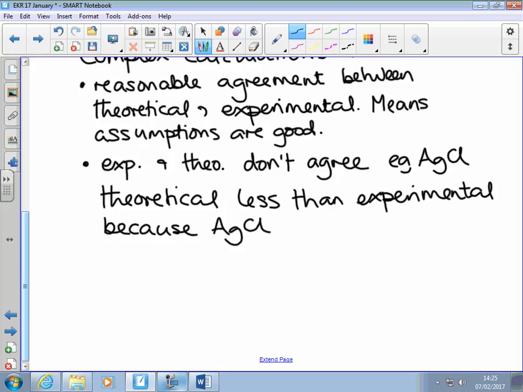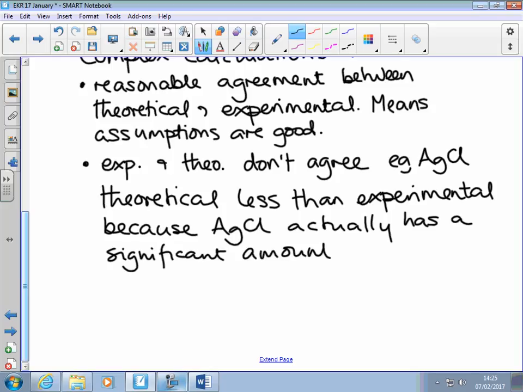So I need to explain that silver chloride actually has a significant amount of covalent bonding.